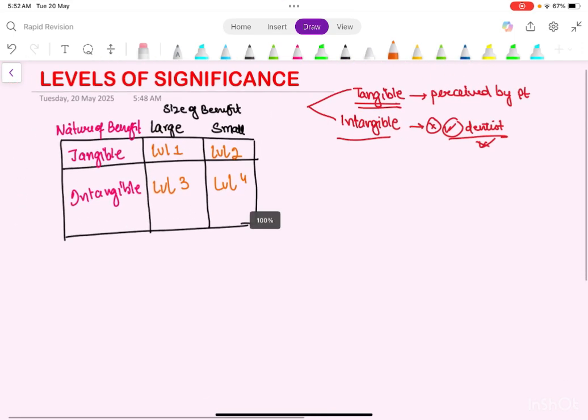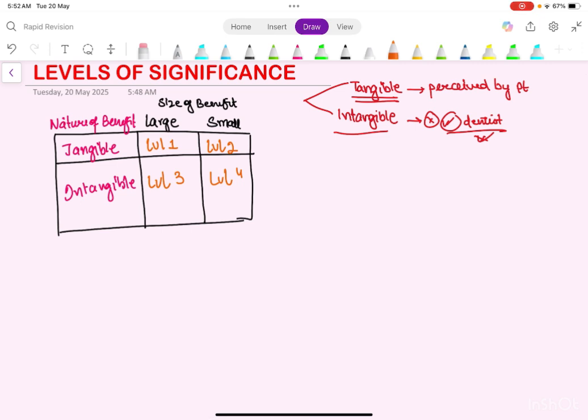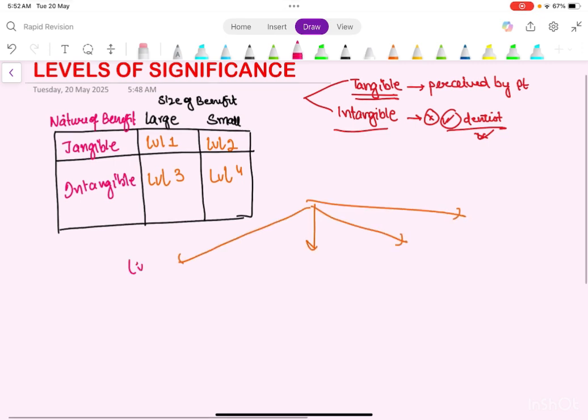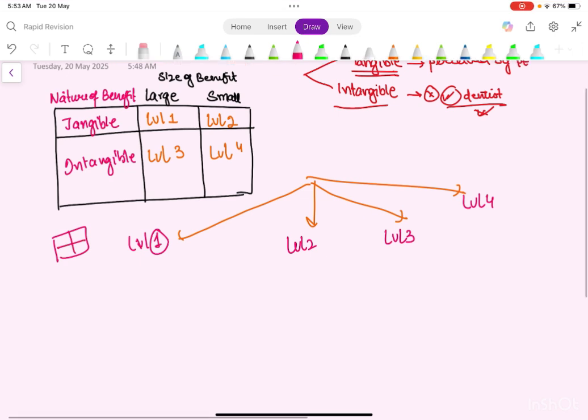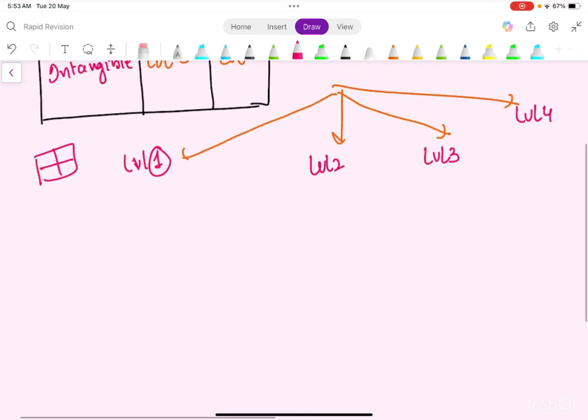Now what do you mean by all this? We have different examples for every single category. So you have level 1, then level 2, then level 3, and then level 4. Now just close your eyes, or you can just see the table on the screen also, and try to recall what it was. It's better if I draw only this one.